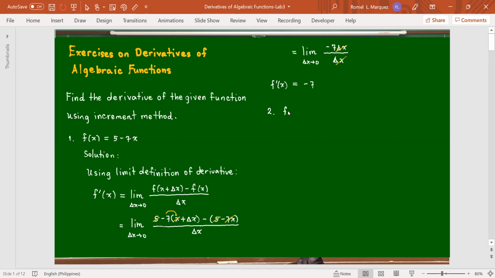So let's say our f of x is given by 3x minus x squared plus 4. So what is the derivative?